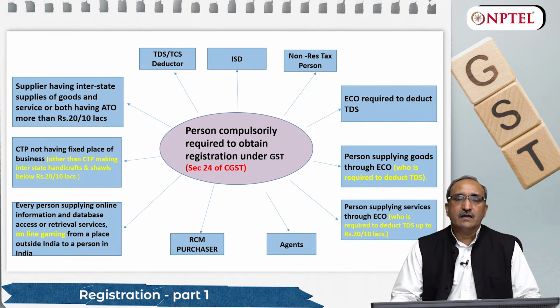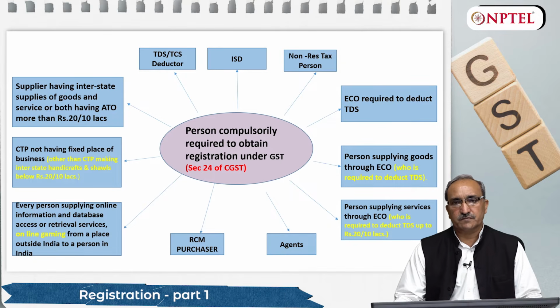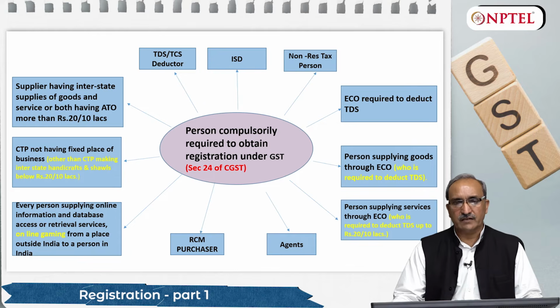Means if any person who is selling his products through e-commerce operators, we have seen there are so many e-commerce operators operating in the market and selling products of different vendors.